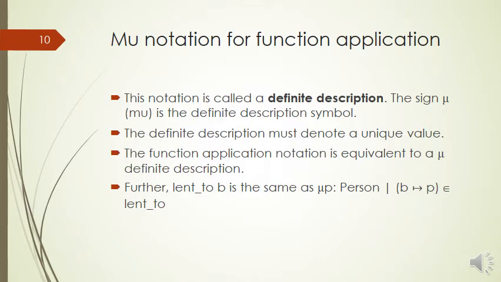The definite description must denote a unique value, and whenever we pass an argument to a function, we get a unique value, and therefore definite description operator or symbol is appropriate for its representation.